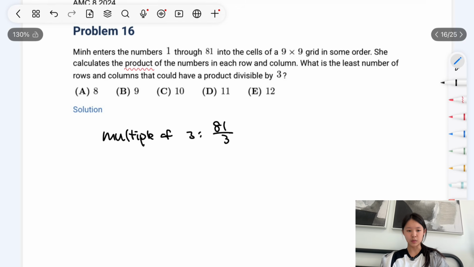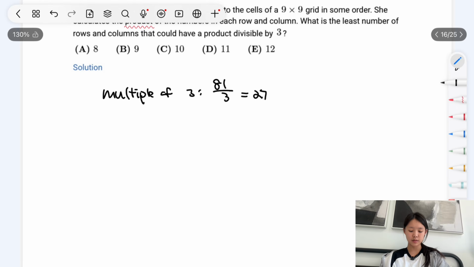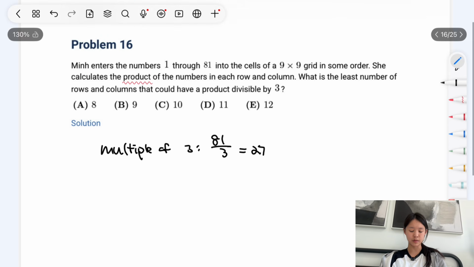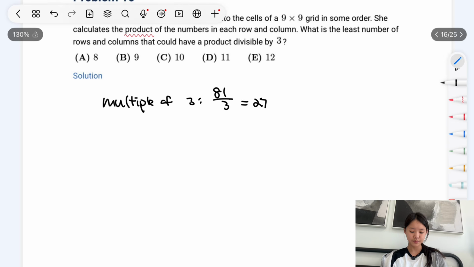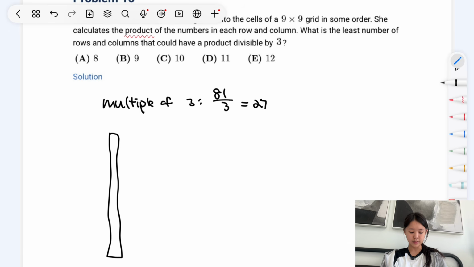So within 81, you have 27 of these multiples of 3. So basically you want to fit in 27 into some sort of shape that will minimize the sum of the number of rows and columns. So one way you could do this is you can make a really long shape, and you would have one column and then 27 rows.